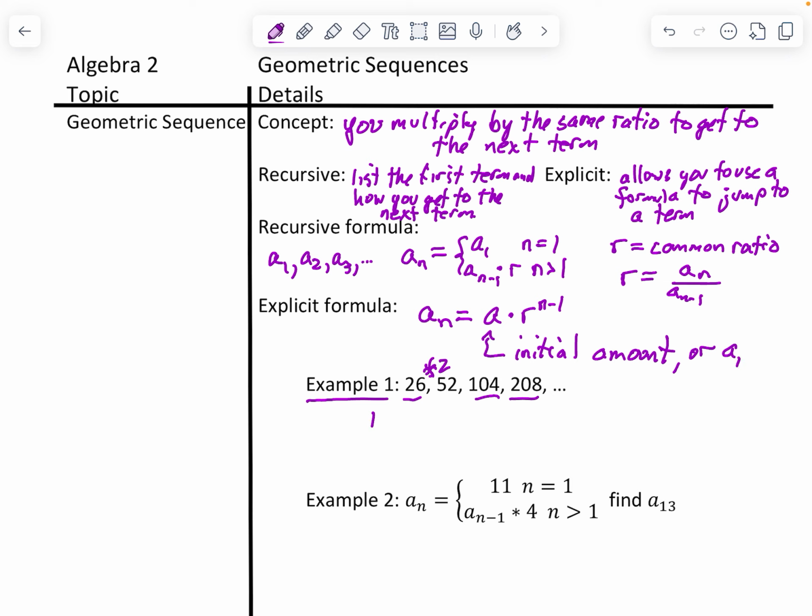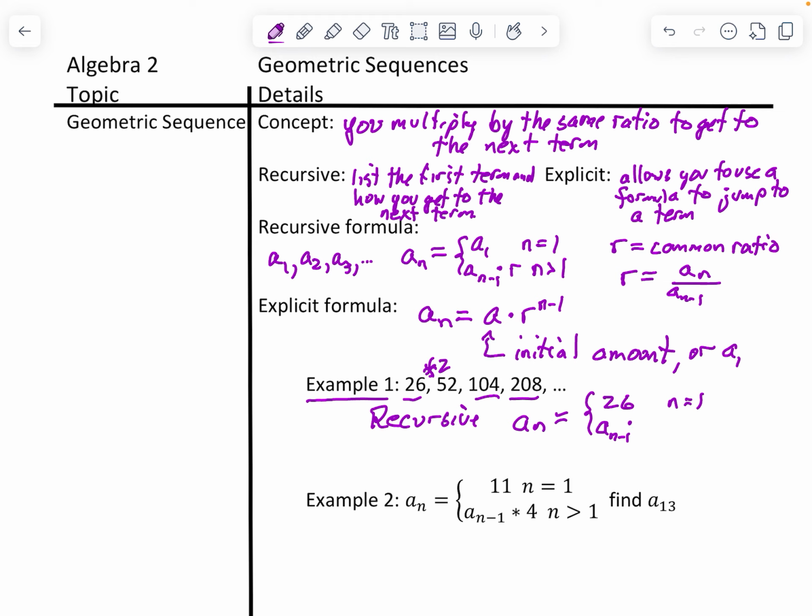All right, so let's go ahead and do this with this example. Let's list the formulas from it. So recursive, we're going to list a sub n is equal to the first term. First term is 26. So we just list that for n equal to 1. And then we outline that we're going to do a sub n minus 1, and we're going to multiply by a number to get to the next term.